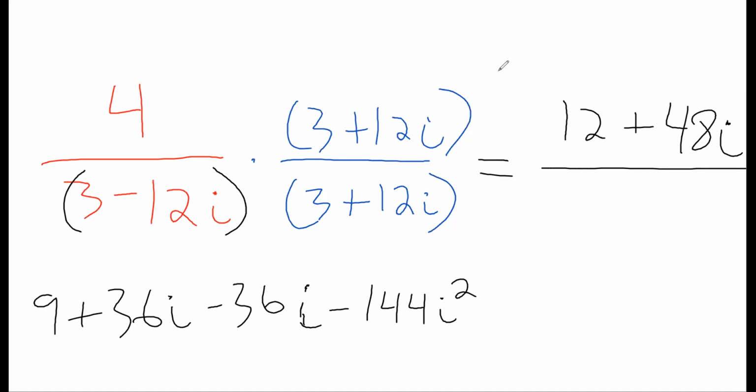And using that little trick earlier, the i terms are gone, baby, gone. That negative 144 i squared is actually going to become plus 144 because the i squared basically will flip the sign on us.